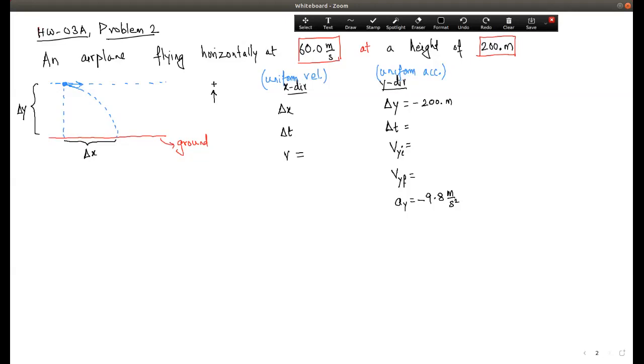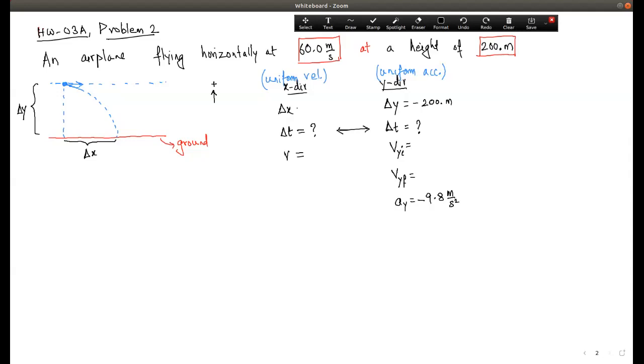And the second part is saying to determine the time taken for the drop. So we're basically looking for time t, either from this y direction motion or from this x direction motion. Either way is okay because these are the same times.